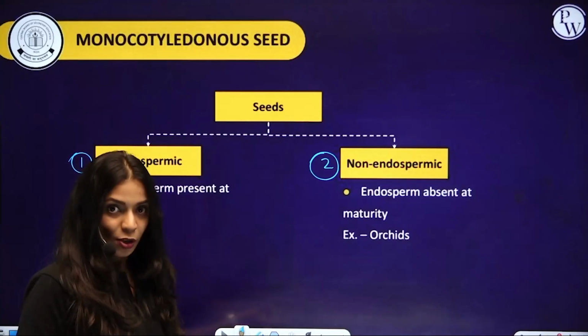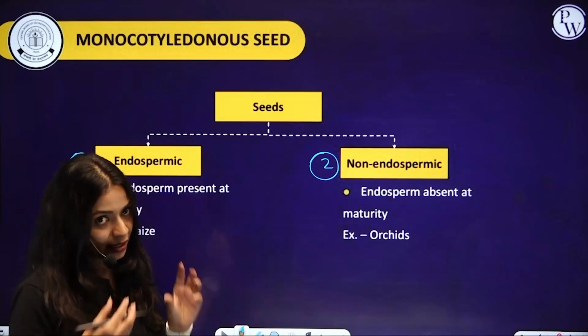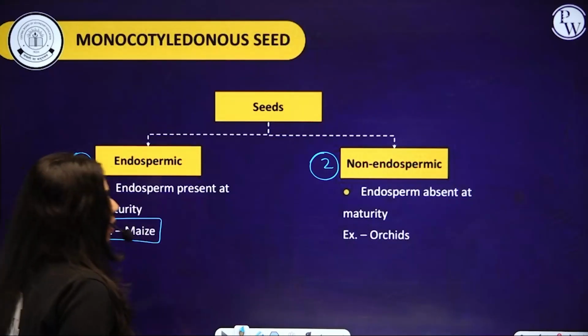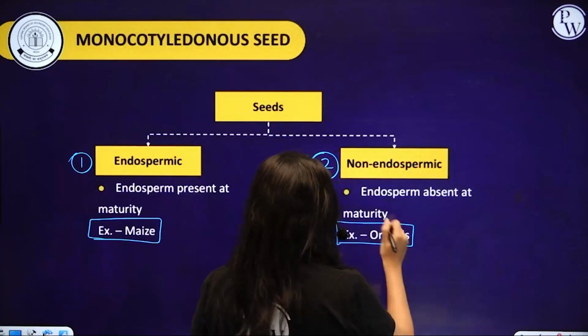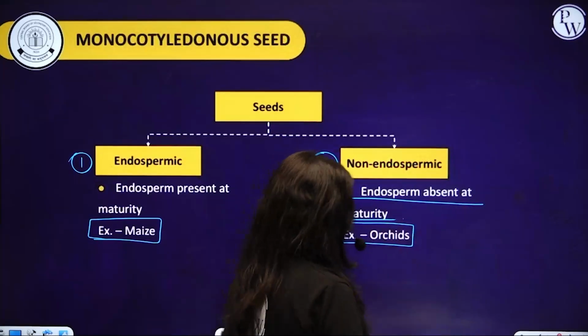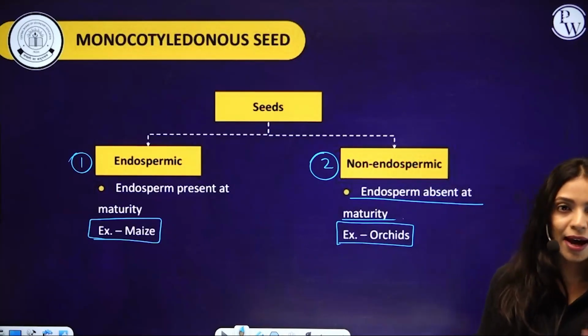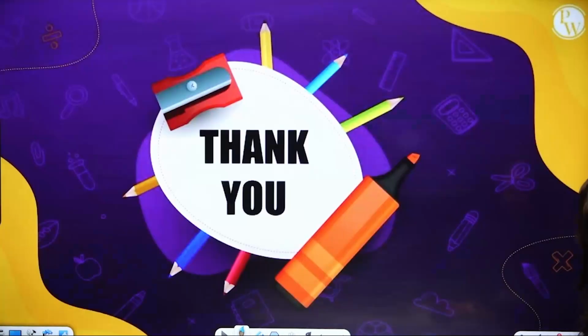In monocots, it is the opposite. In majority of monocots, you can see that endosperm is present in the seeds even at maturity. So, example, you have maize. And in some plants, monocots like orchids, endosperm is absent at maturity. So, that is about seeds and its structure and variation, okay, and different types.